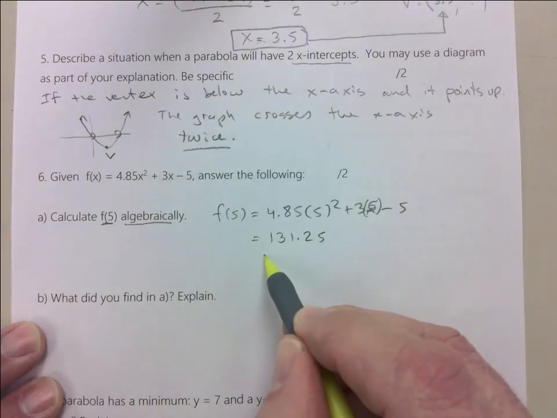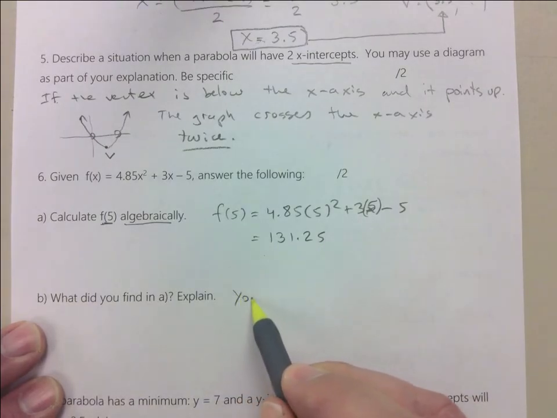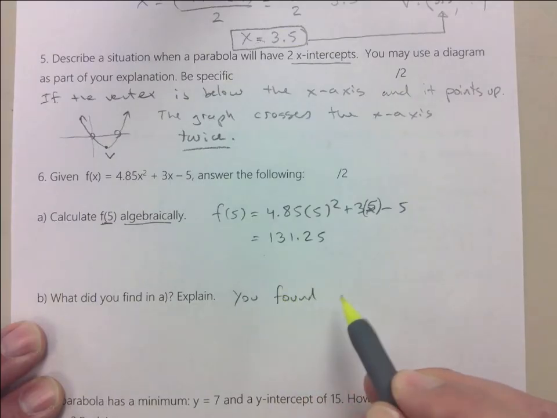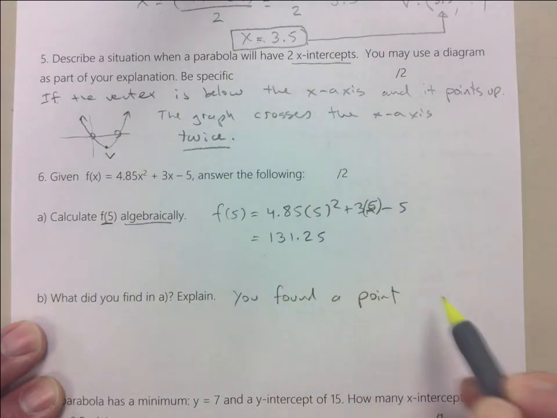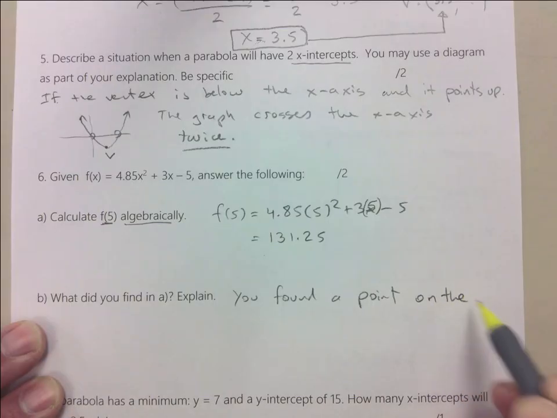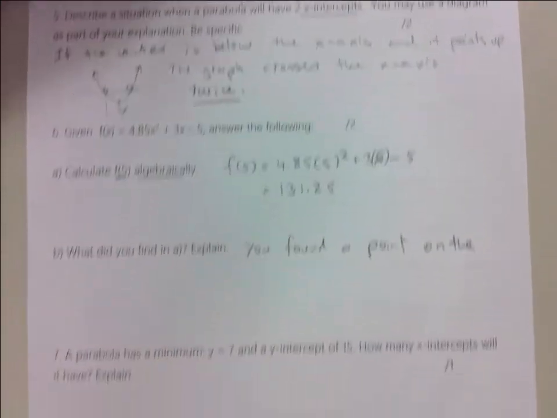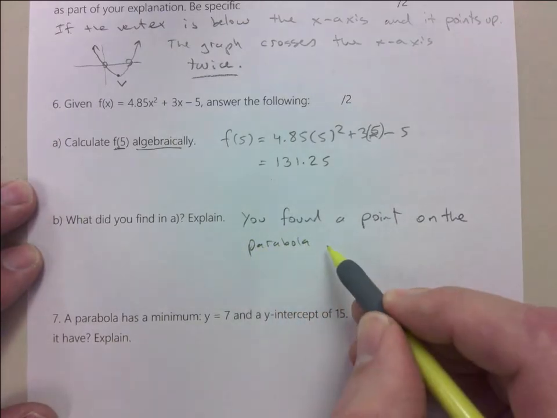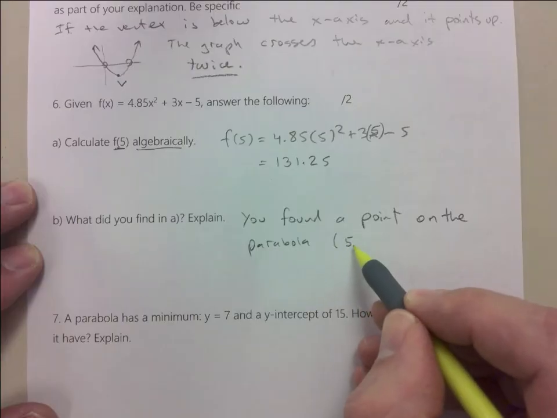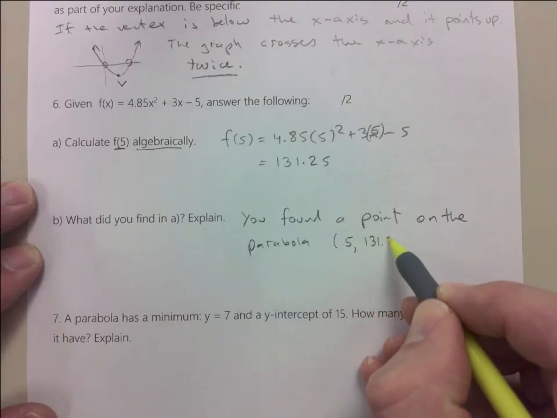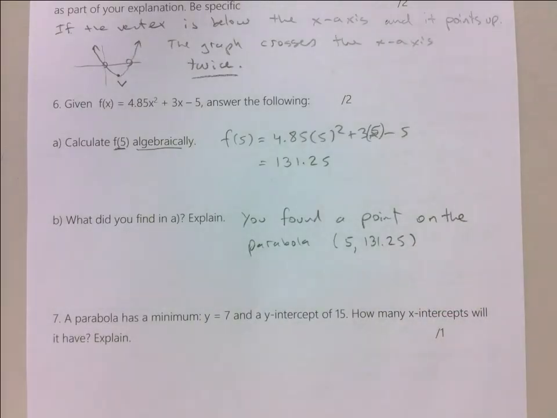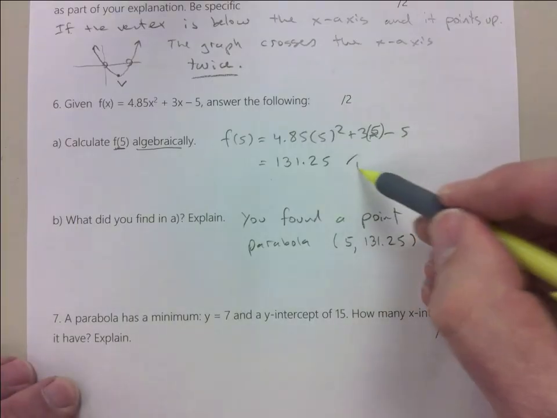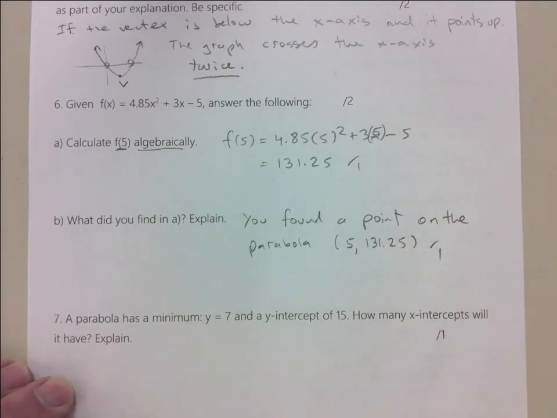So you found a point on the curve. You can say on the curve or on the parabola. And the point is when x is equal to 5, the y value would be 131.25. So 1 mark for this, 1 mark for this.